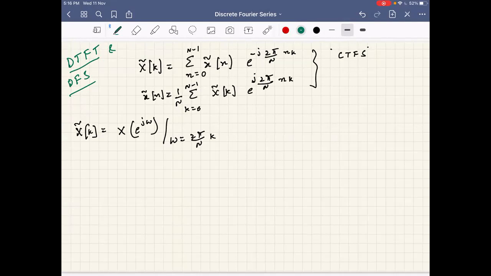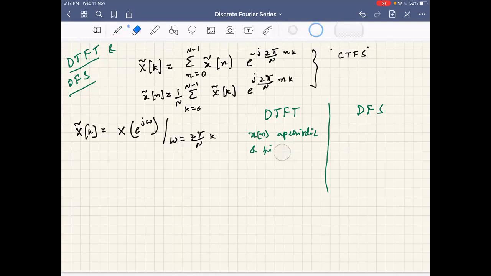See the fundamental difference between the definitions of the discrete time Fourier transform and the discrete Fourier series. The discrete time Fourier transform is defined for x of n being aperiodic, and it can be of finite length or infinite length as well. So let it be aperiodic.